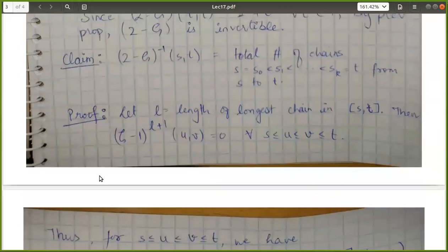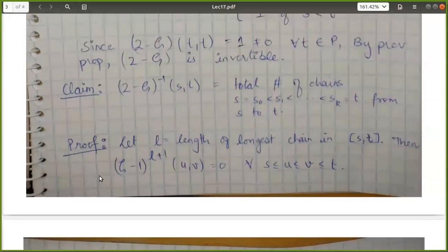Yeah. This entire thing is happening for that. So whenever you would do any 2 minus zeta, so remember 2 minus zeta inverse of st, you said that the claim itself is this is the total number of chains from s to t. So s and t are fixed.